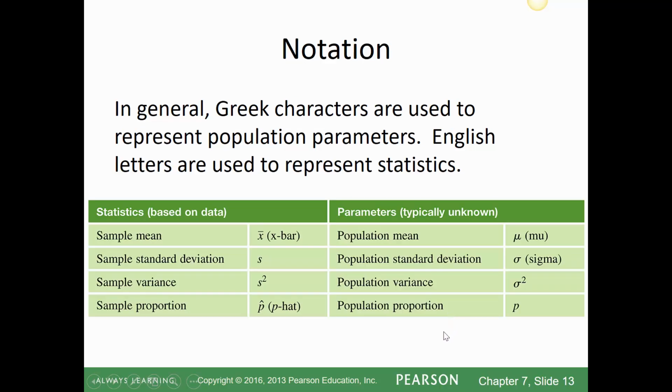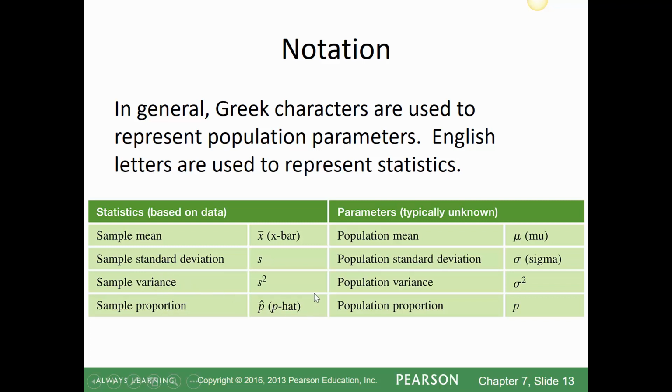One way to tell the difference between a sample mean and a population mean and so forth is notation, which we've talked about a little bit before. If you remember, in general we use Greek letters to represent population parameters and typically English letters to represent statistics for samples. Statistics are based on our data and parameters are typically unknown. So we can have sample mean, sample standard deviation, sample variance, sample proportion, and so forth.